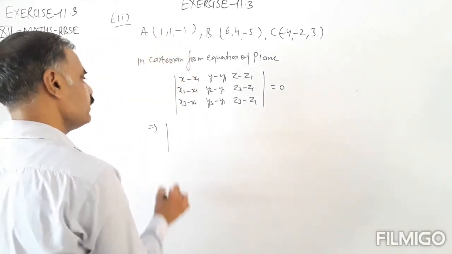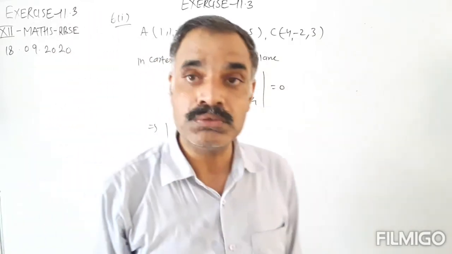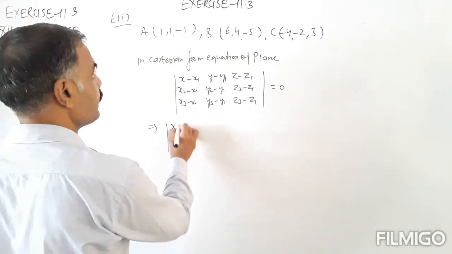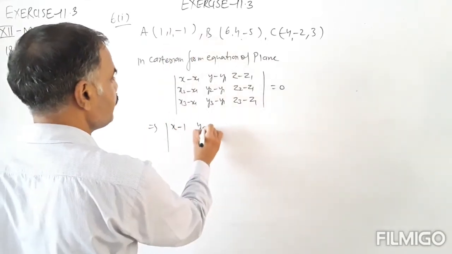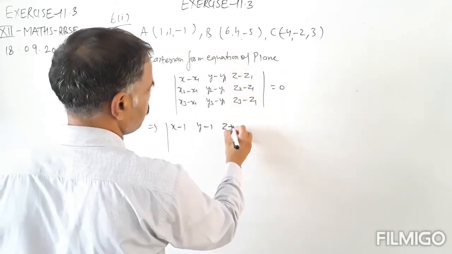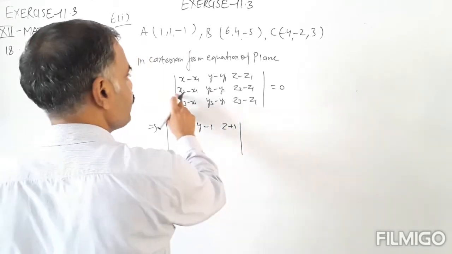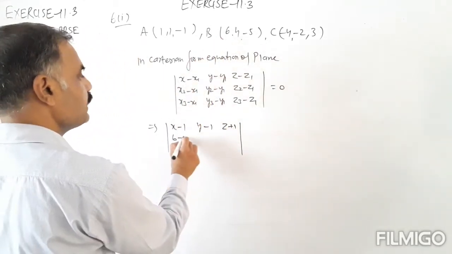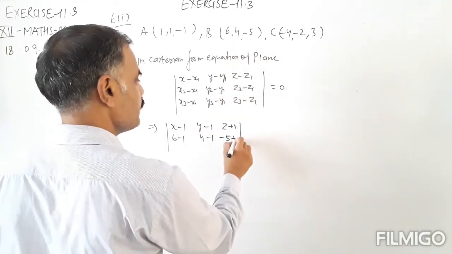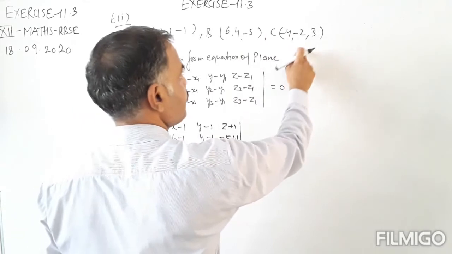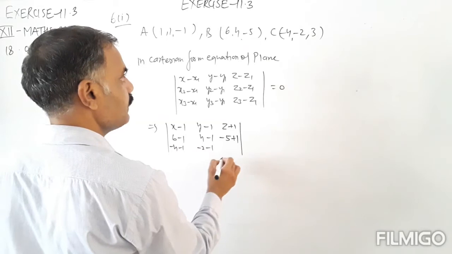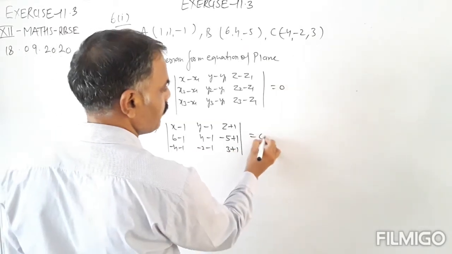Putting the values: x minus 1, y minus 1, z plus 1; 6 minus 1, 4 minus 1, minus 5 plus 1; and minus 4 minus 1, minus 2 minus 1, 3 plus 1, equals 0.